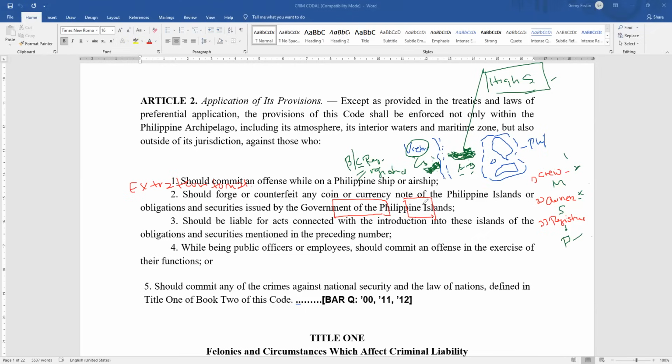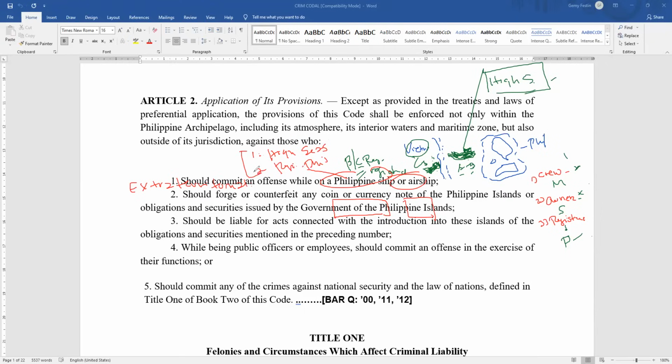So ang ibig sabihin nito, while on a Philippine ship or airship, it connotes a situation. Titingnan nyo sa facts of the case that number one, dapat ang vessel is in the high seas, not within the jurisdiction of another country. Number two, registered in the Philippines.